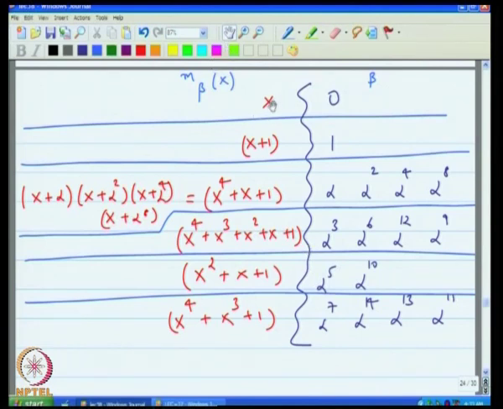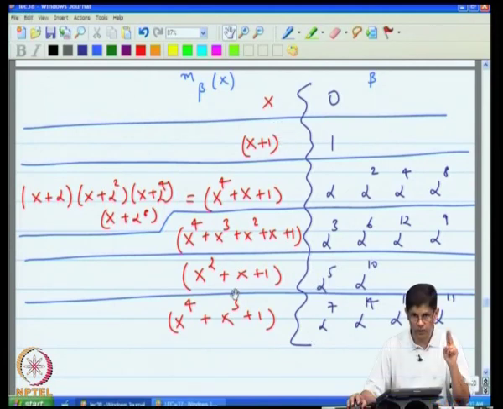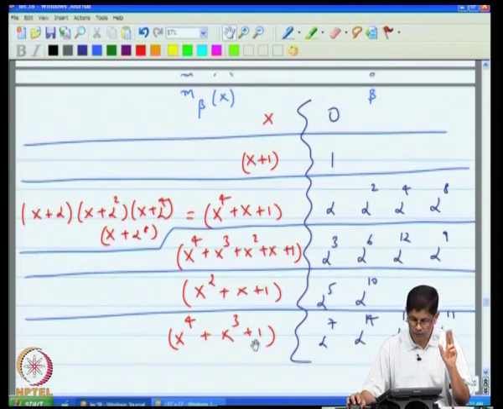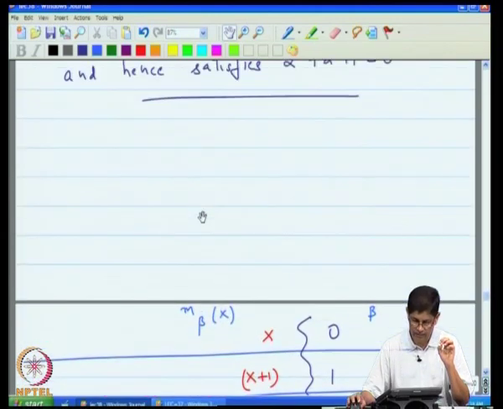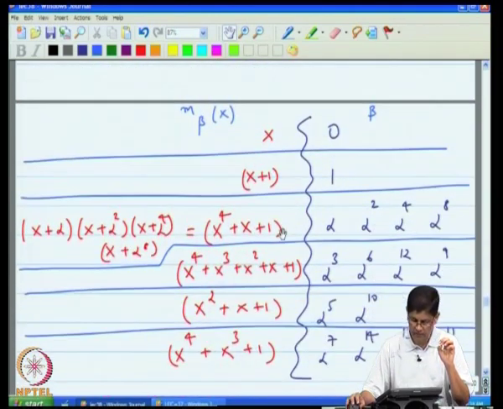What characterizes the polynomials that appear on the left are 2 things. One is that every one of these polynomials is irreducible, that means it cannot be factored. Secondly, if you look at the degrees of these, you have degree 1, you have degree 4, and you have degree 2. It turns out that every irreducible polynomial whose degree divides 4 appears here.